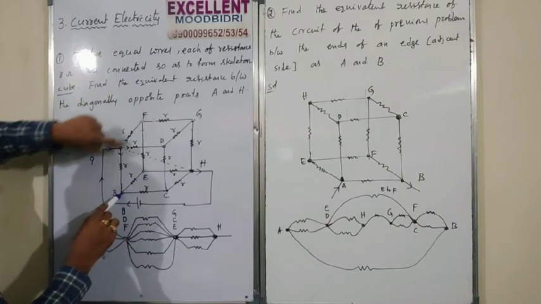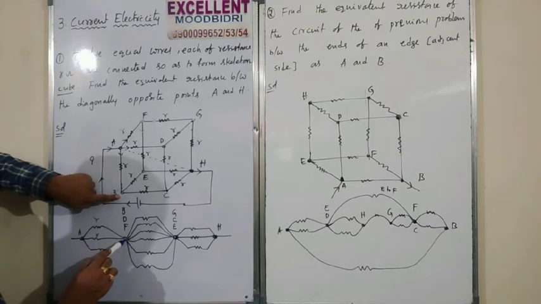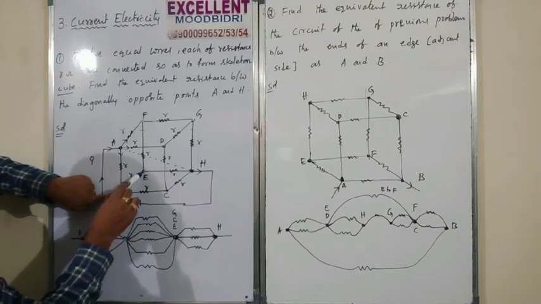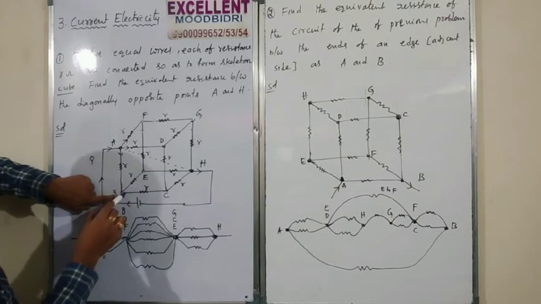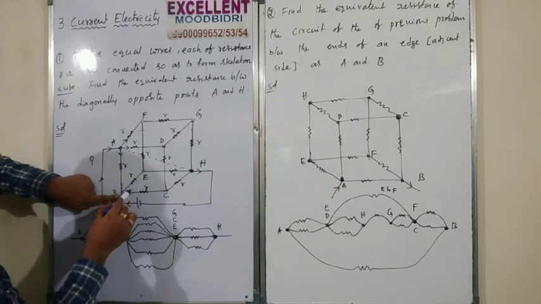From B, B to E and B to C, parallel only, right?